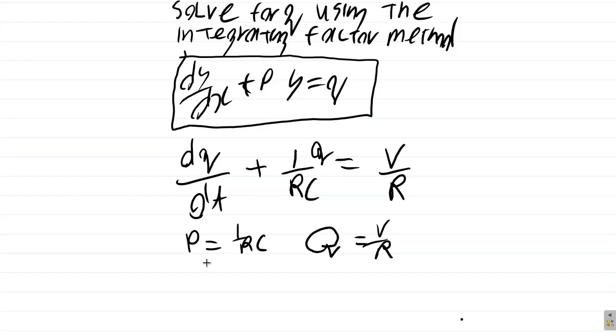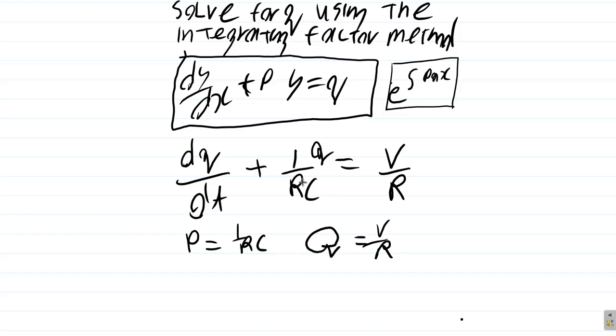What is the integrating factor in here? Remember, when we had the formula like this, the integrating factor would be e to the integral of p dx, right? That would be the integrating factor.